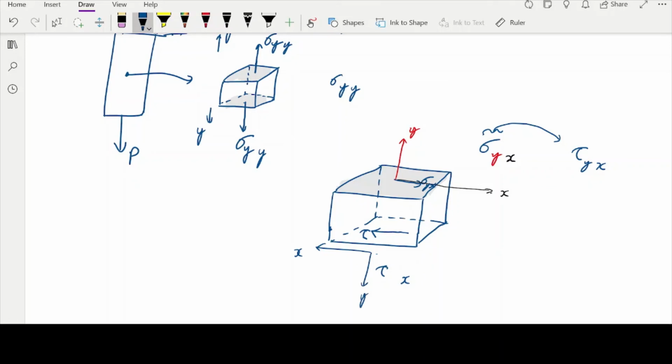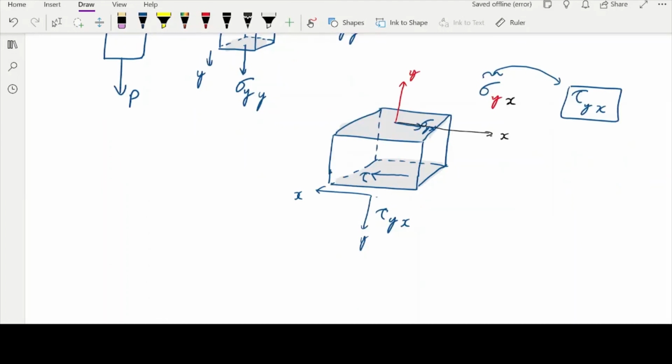So this is tau yx, same as sigma yx, right? This is the plane. Okay, I hope this is clear.